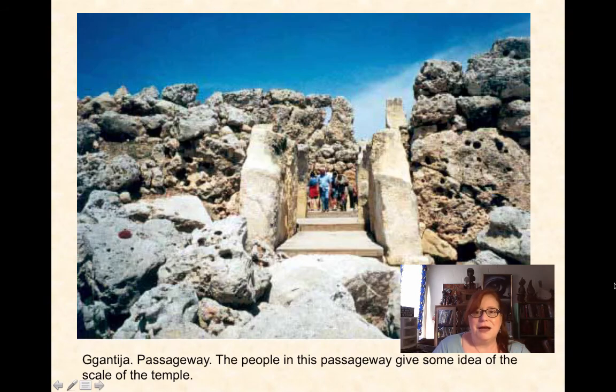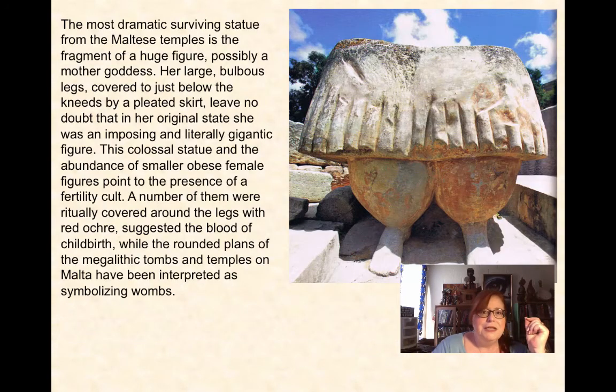In the next slide, I have humans here, so you get an idea of the scale of the size of it. So the most dramatic surviving statue here, oh my God, there's this huge, again, figure, probably a mother goddess. She's got these huge, huge thighs and little teeny feet, and then a pleated skirt, pleated or fringed, kind of interesting. And she was probably a huge, gigantic figure.